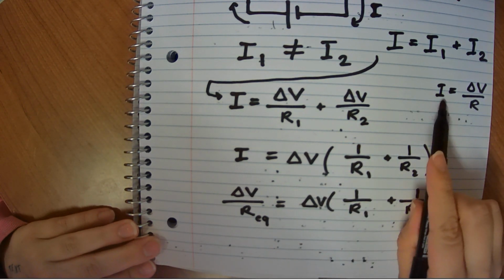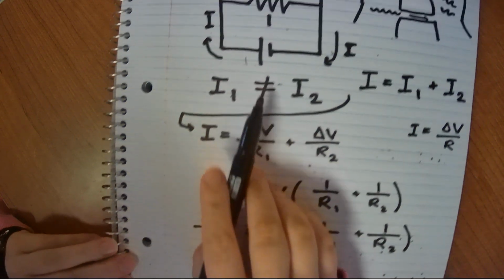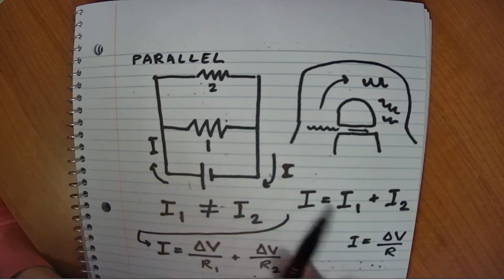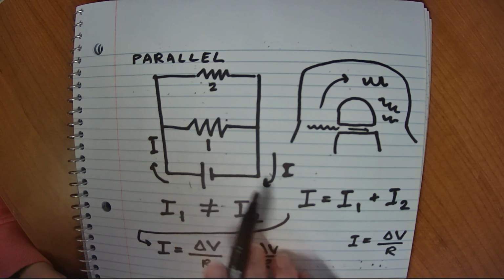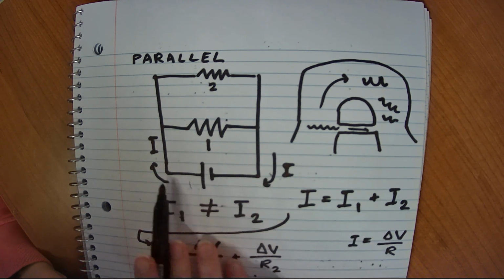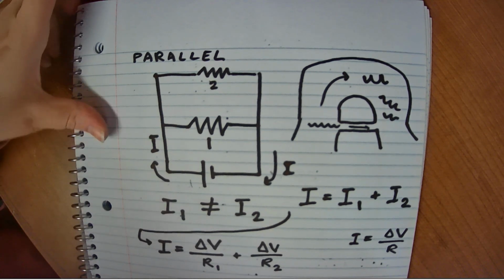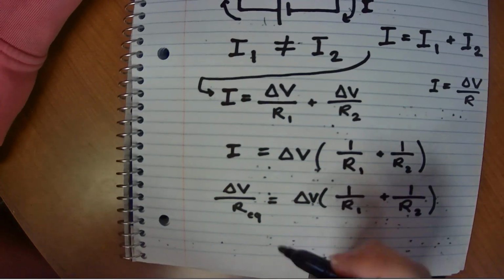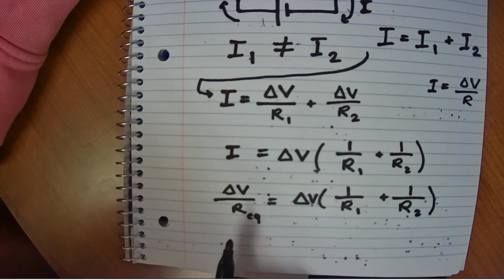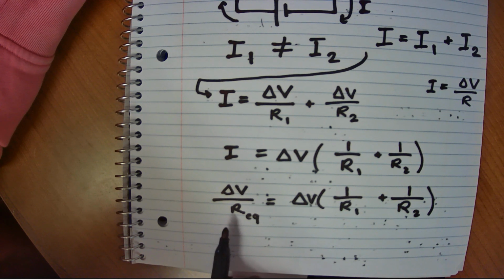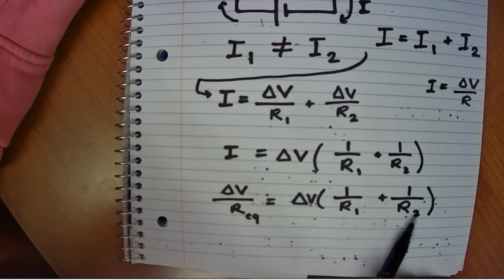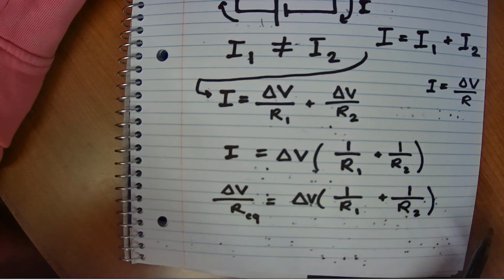If this is the current across the entire circuit, and this is the voltage across the circuit, then this will be the resistance across the entire circuit. So what do we know about the resistance here and the resistance of 1 and 2?